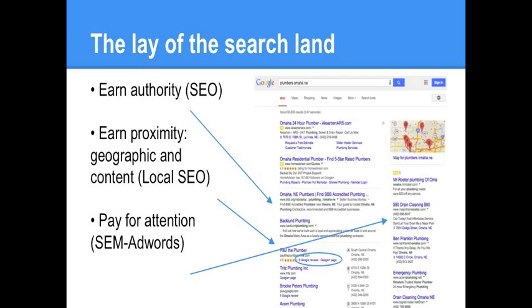You can always distinguish it because it's got the little red balloon, it's got an address, it's got a phone number right there. You'll usually see some reviews. Reviews are a key driver of that result. But those are the three areas when you look at a Google search to understand.